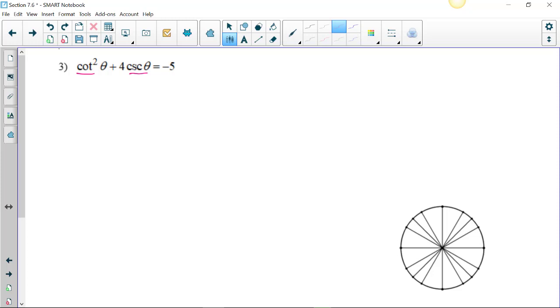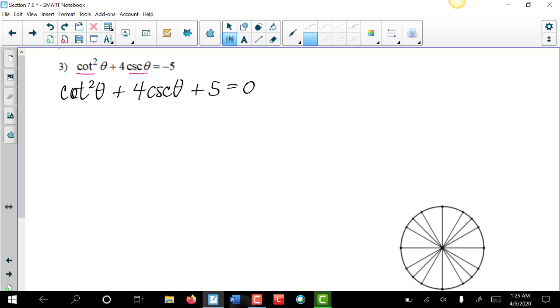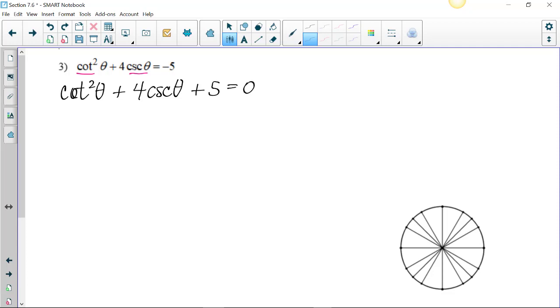It doesn't matter. I think I'll make it equal to 0 first, and then I'll do my substitution. So cotangent theta plus 4 cosecant theta plus 5 equals 0. Right?